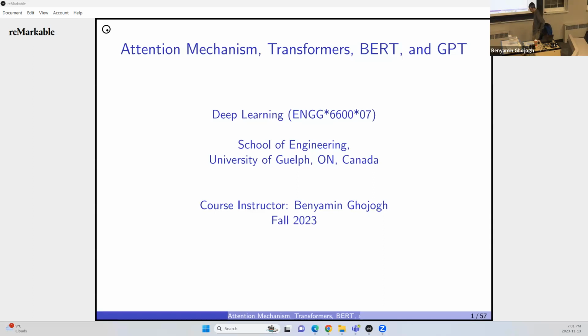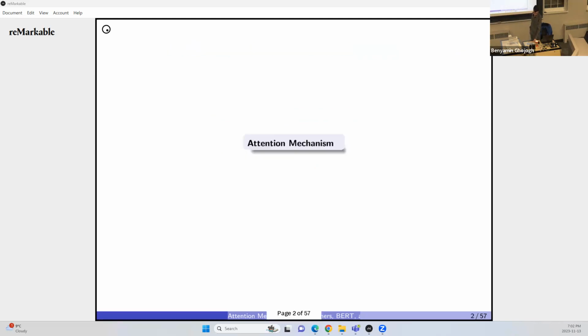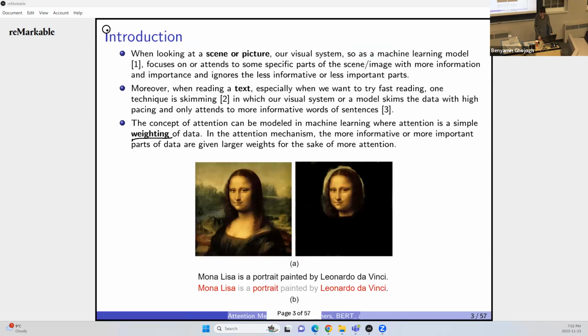Okay, so last session we talked about RNN and LSTM, and then we started attention. Let's restart from the attention slide deck very fast. As I said, when we look at, for example, an image such as the Mona Lisa portrait, we only attend to some parts of the image, or some pixels of the image.